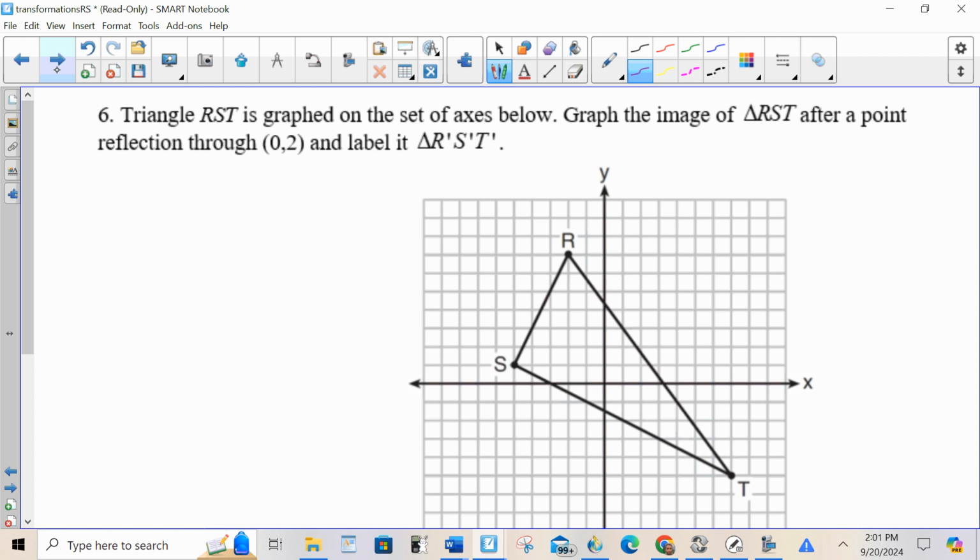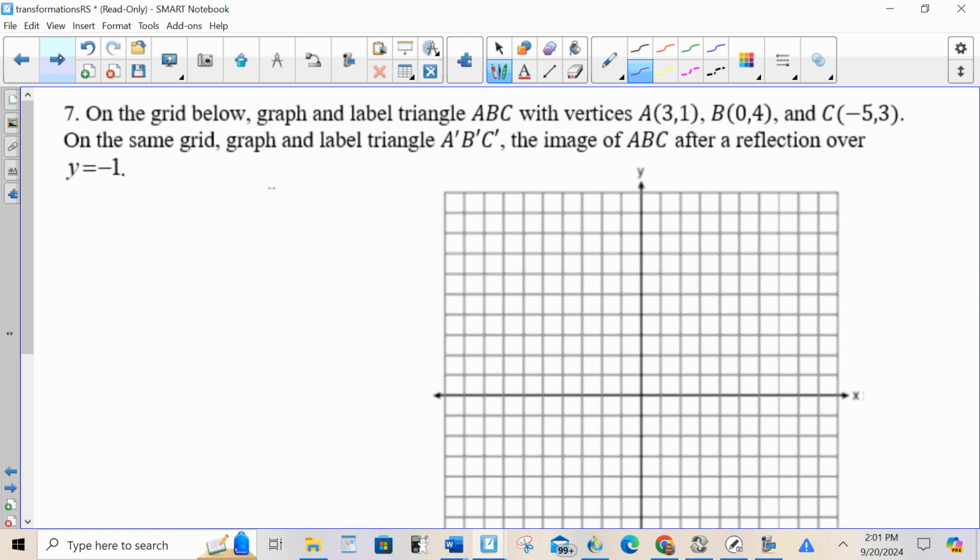All right, we've got number 7. A is (3, 1). B is (0, 4). C is (-5, 3). And it wants me to reflect over y equals negative 1.